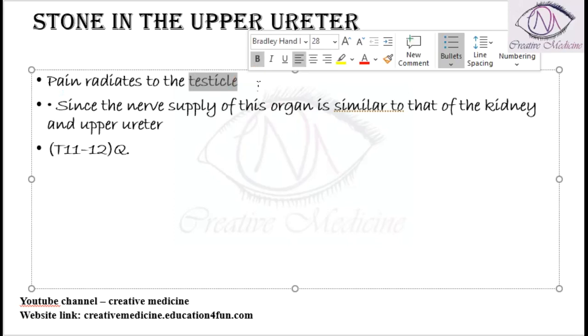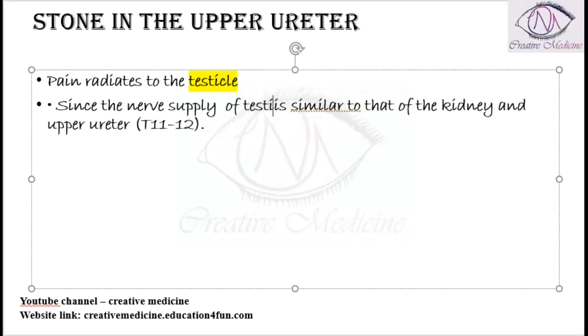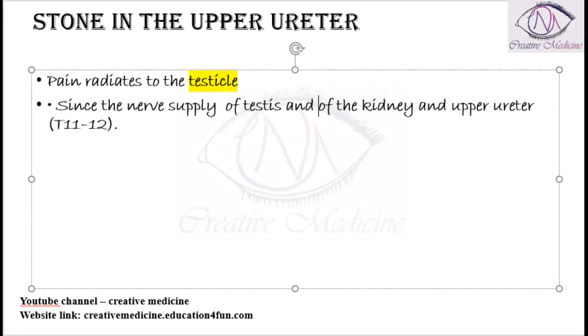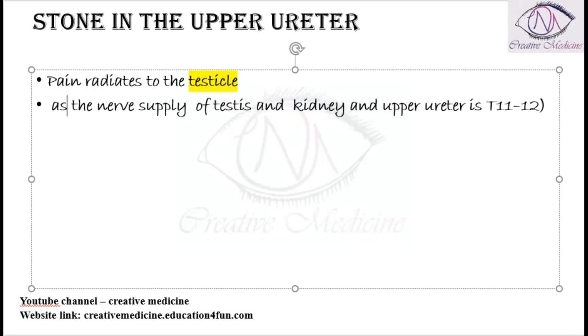It radiates to the testicles when the stone is in the upper ureter, because the nerve supply of the testis, the kidney and the ureter is the same. That is, it is T11 to T12, and as a result, the pain radiates to the testis because of the same nerve supply.